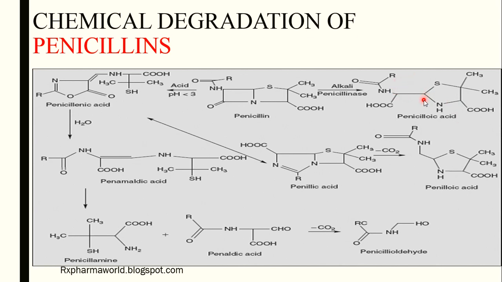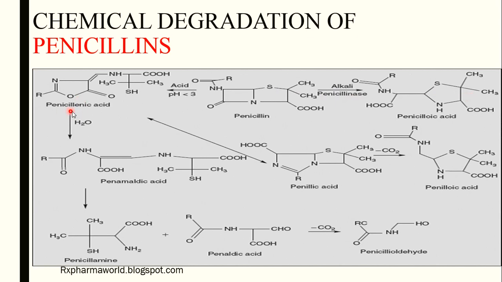Only the beta lactam ring cleavage has taken place, and here a COOH group has been formed. NHCOR remains the same. This is penicilloic acid. This penicilloic acid is another degraded product obtained from penicillin when it reacts with alkali or penicillinase. We have completed this particular part till here, and we have completed this degradation product.